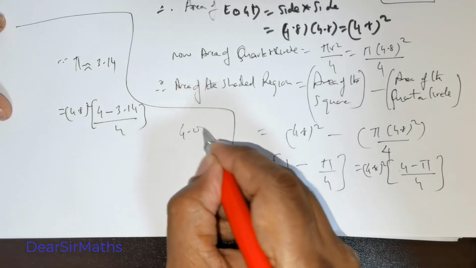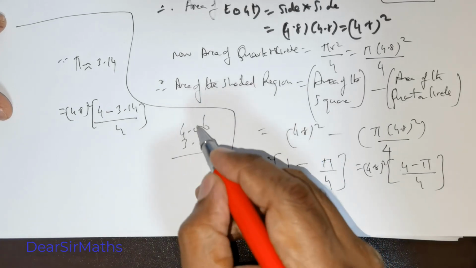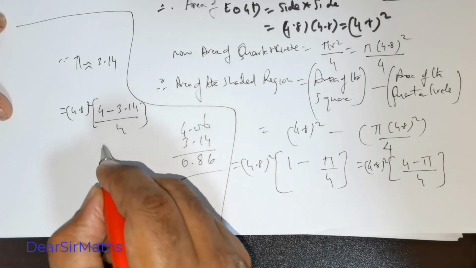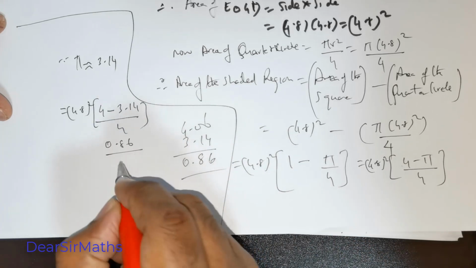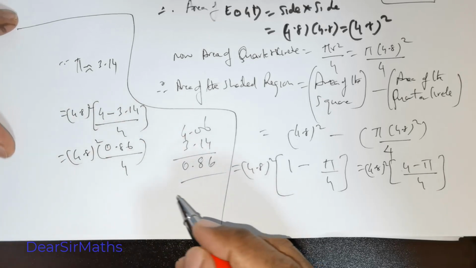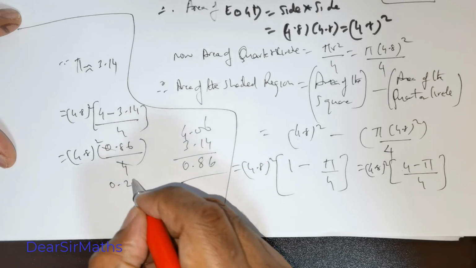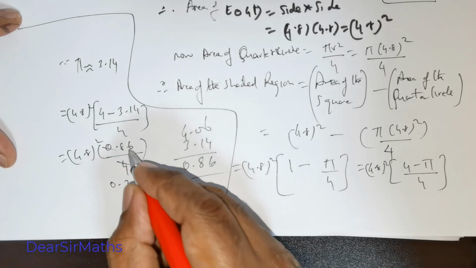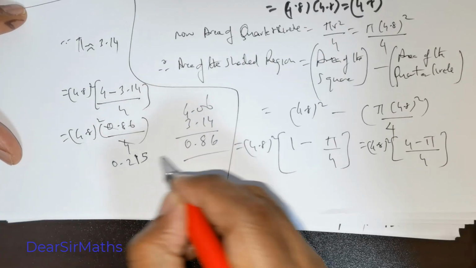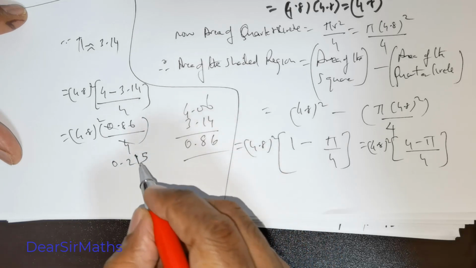right? So from 4 I take away 3.14, 0.86. So 0.86 divided by 4 times 4.8 squared. So 4 divides here 2 times and 4 divides here once and 2, and that's going to be 5, right? Okay.